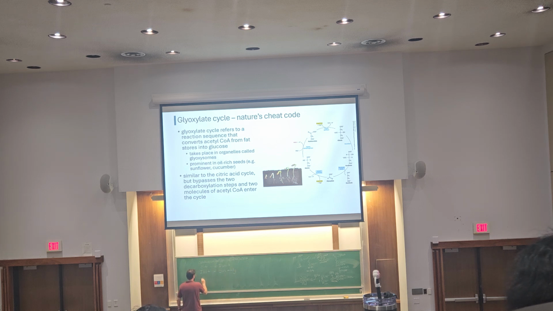Glyoxylate plus another acetyl coenzyme A yields malate plus coenzyme A. Malate plus NAD+ yields NADH and oxaloacetate. Did I miss anything? Probably. I'm going to assume I didn't until I'm embarrassed.